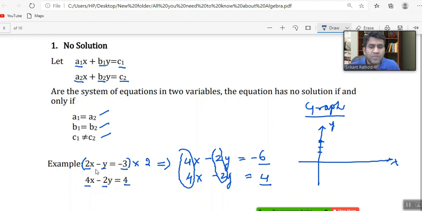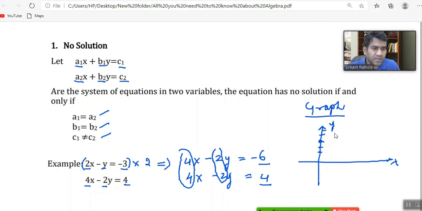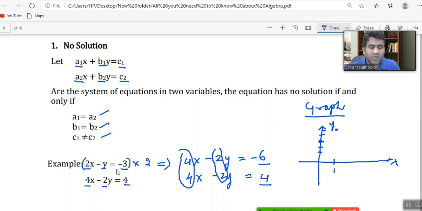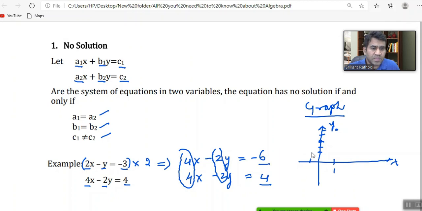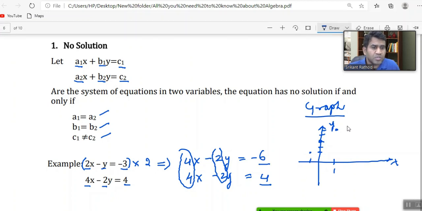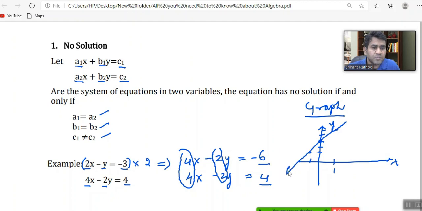If you substitute x as 1, simplify that, y is going to be 5, and so on, 4, 5, something here. When x is -1, the value of y is going to be 1. I'm just drawing a rough sketch. Okay, so this is how the graph of the first expression's line looks.